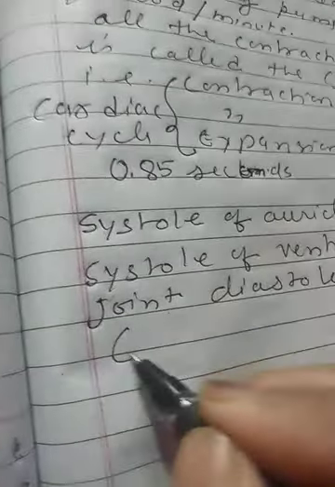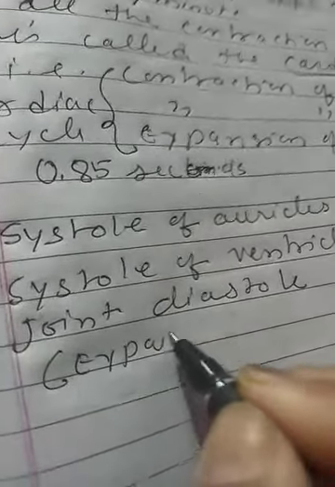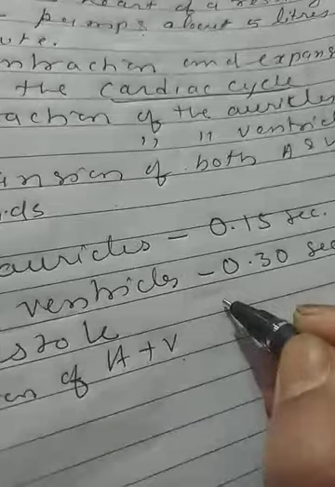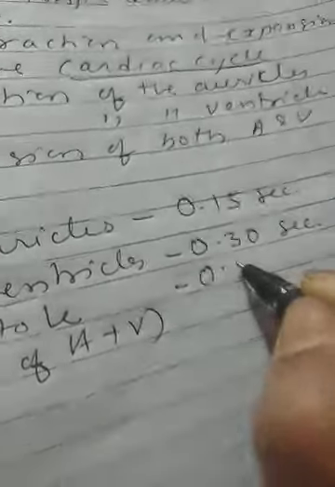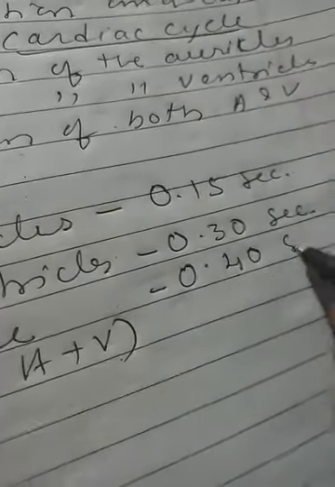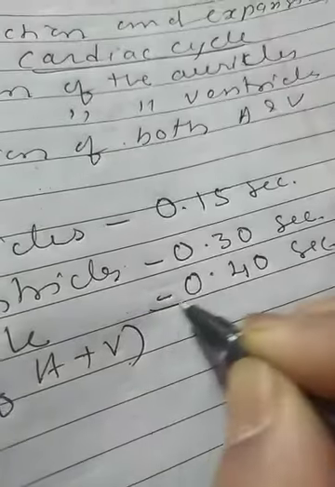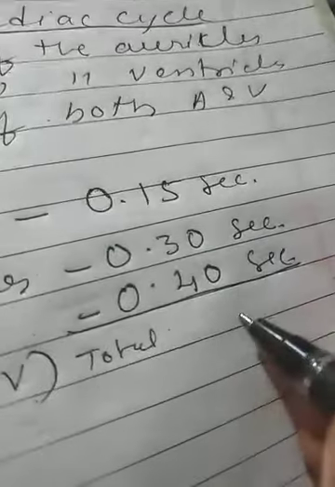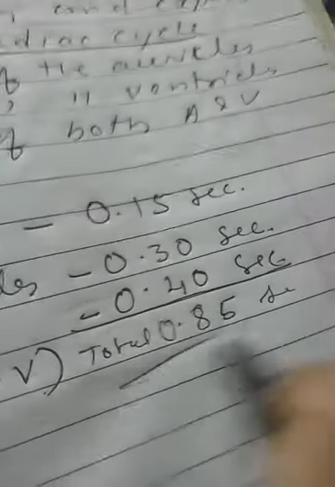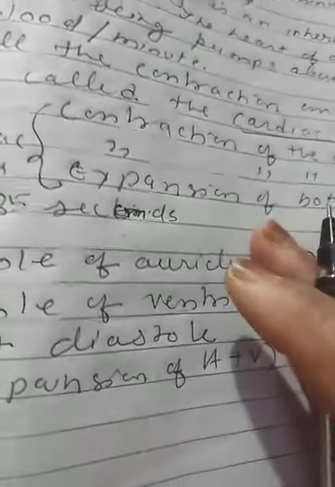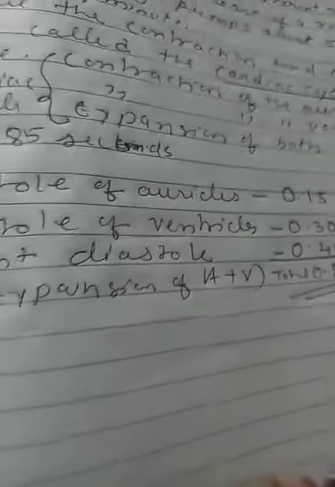Joint diastole, that means expansion of auricle plus ventricles, that takes 0.40 second. Then total, clear here, 0.8 second. Clear here or not? Understood or not? Yes, ma'am.